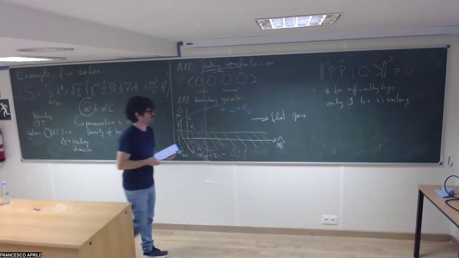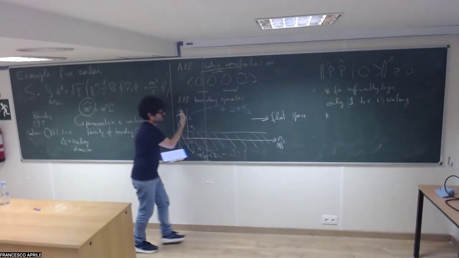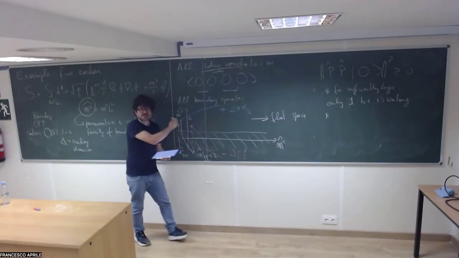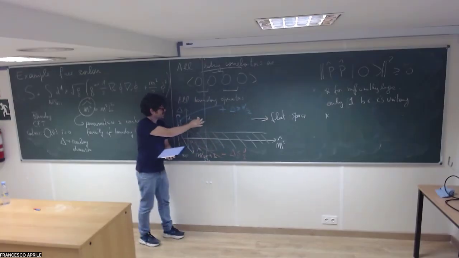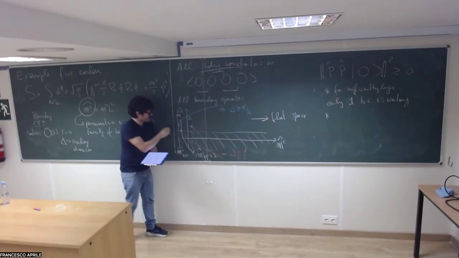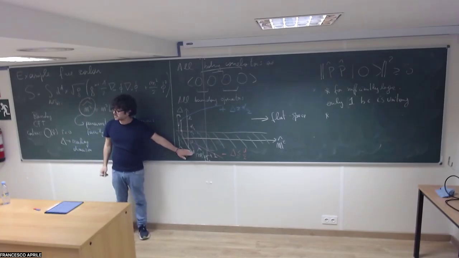Another thing is, let's look at this plot moving from flat space and going inside. So here I'm in flat space, I have one boundary condition that gives me my S matrix. Then I start moving. At some point, I arrive at this value, the Breitenlohner-Freedman bound plus 1. And here something weird happens: I get this additional thing.